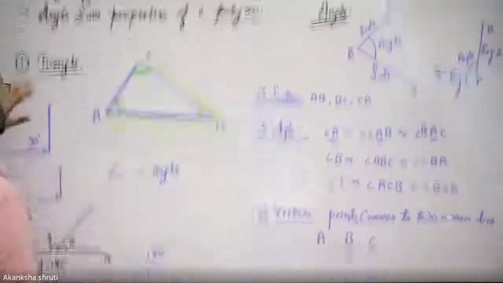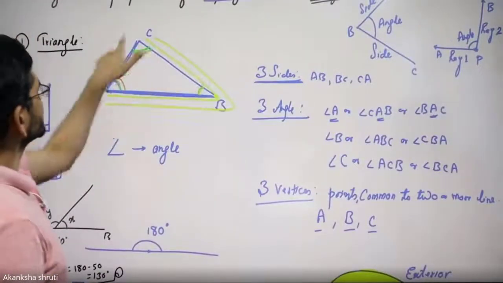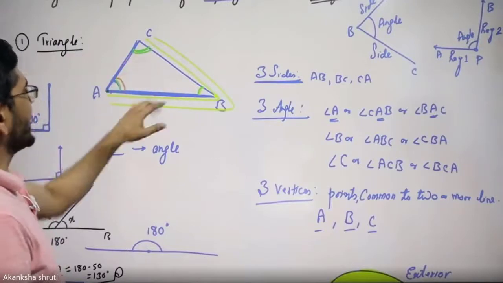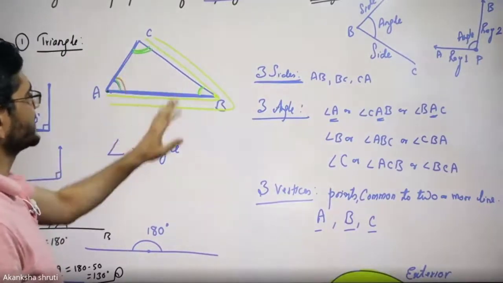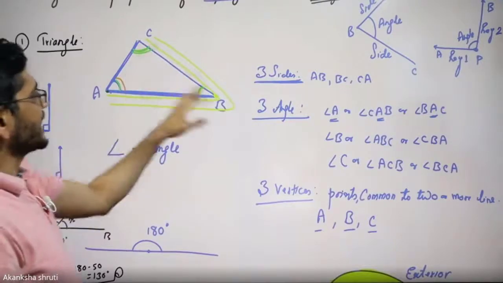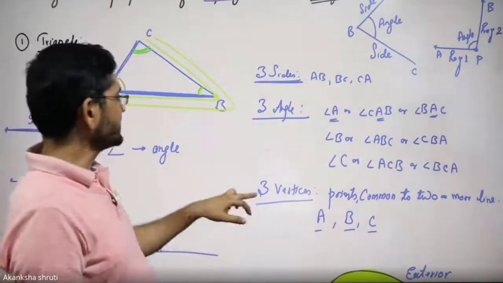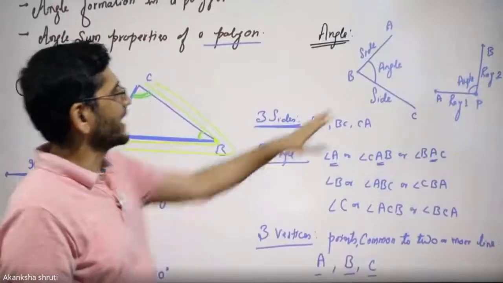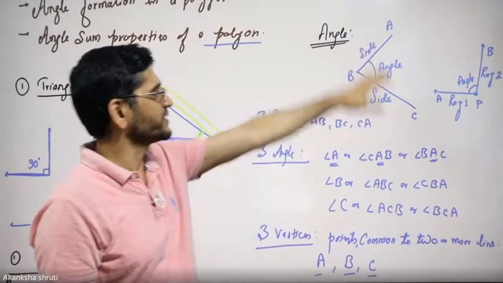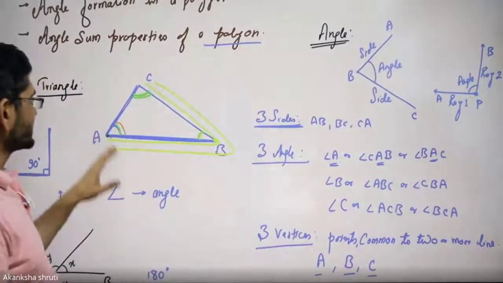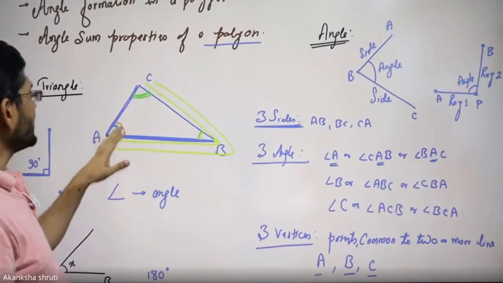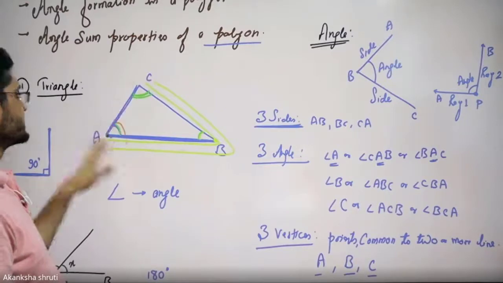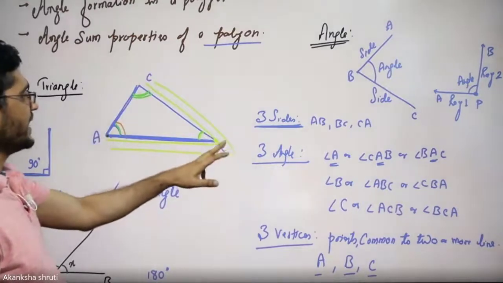Students, for a triangle, 3 vertices are there, 3 internal angles are there, meaning at each vertex one angle is formed. So a triangle has 3 sides, 3 angles, 3 vertices. Angle formation is always between 2 sides, and it is written either simply as angle A or as angle CAB or angle BAC.